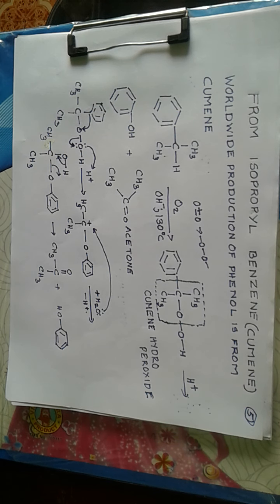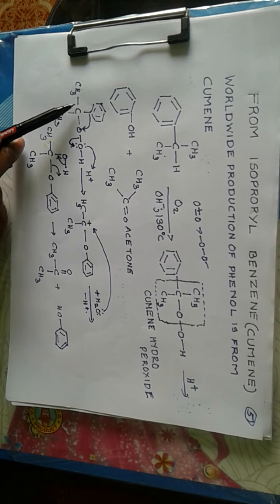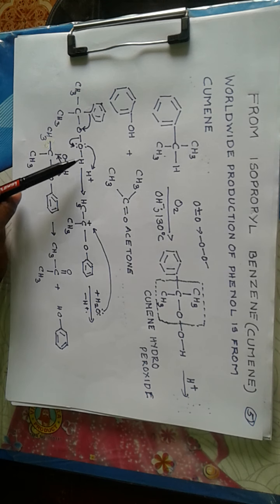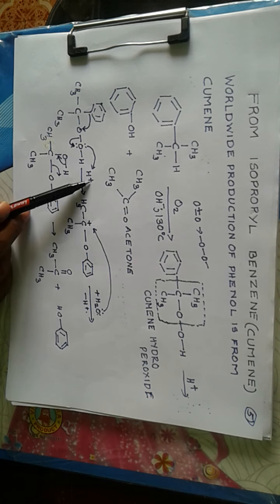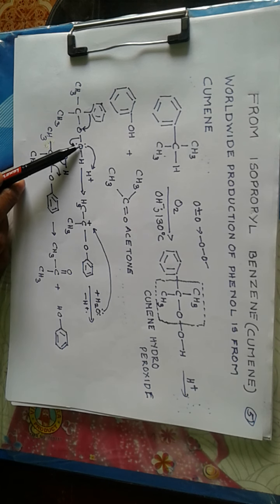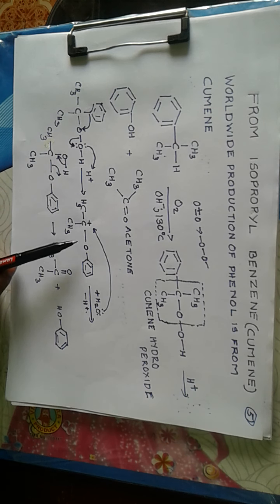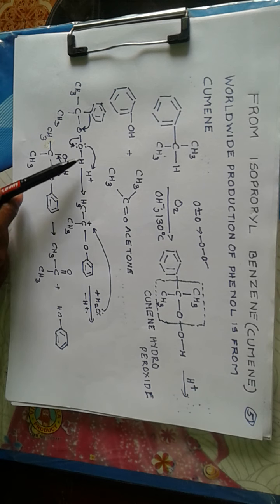And then coming to the mechanism of conversion of cumene hydroperoxide into acetone and phenol. Now this is cumene hydroperoxide. In presence of acid, H positive is getting connected to oxygen atom through the lone pair. We get OH2 positive.